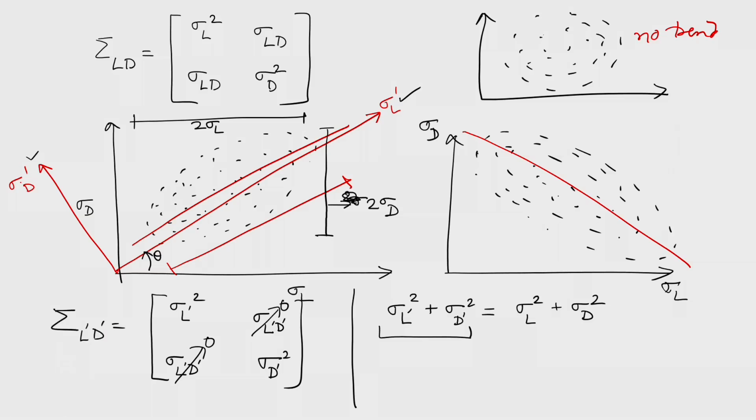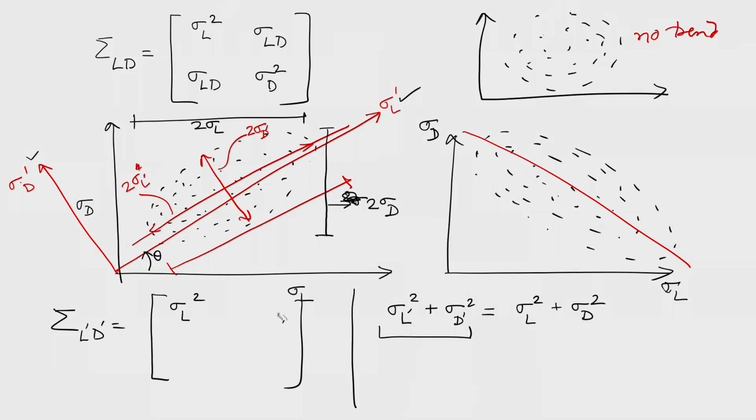Mathematically, I have shown you here, after rotation, this is 2 sigma L dash and this is 2 sigma D dash. One should write like this, not this way. I have changed the variances value, not the variables. So, do not make this mistake here.